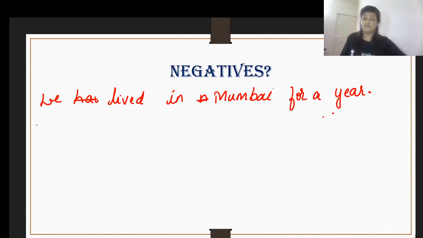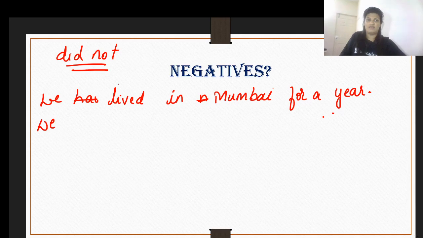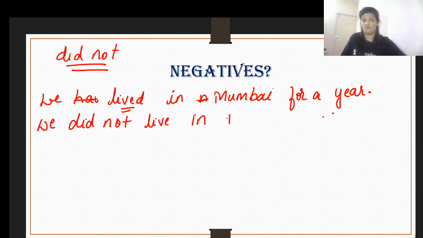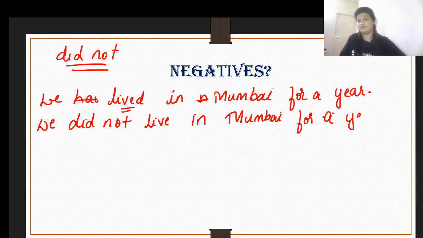Now let us convert this into negative. And to do that, we bring in did not, right? And then we will convert this into present tense. So we did not live in Mumbai for a year.